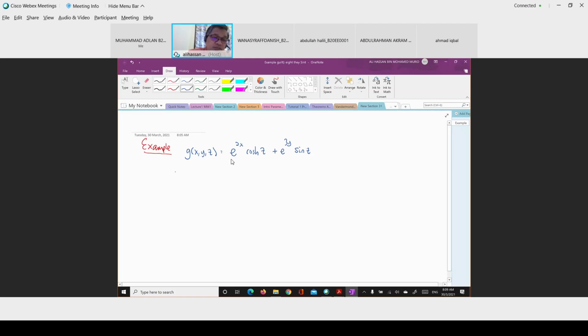So what is g partial x? That means we want to differentiate this function g with respect to x, holding z and y constant.